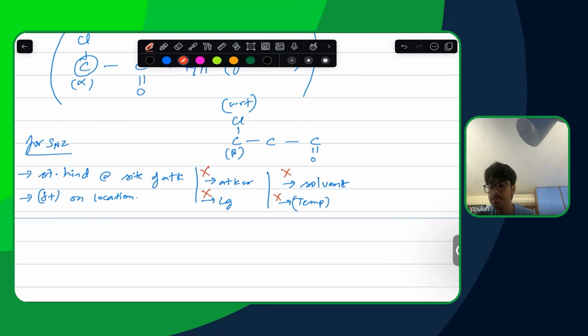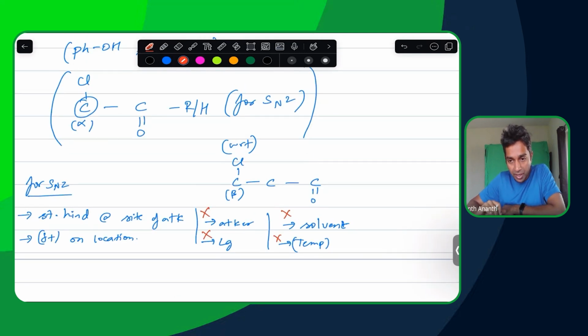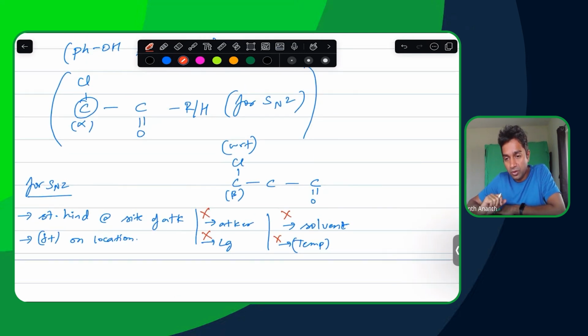Yes, sir. Now let's look at the delta plus factor first, the easier factor to look at. Comparing the alpha halo, beta halo, and a normal halo, forget the keto part existing. In a normal alkyl halide system, call the delta plus on this fellow delta plus 1, and this guy delta plus 2.